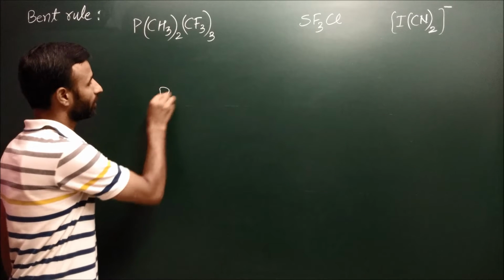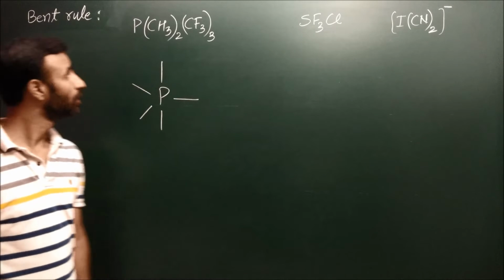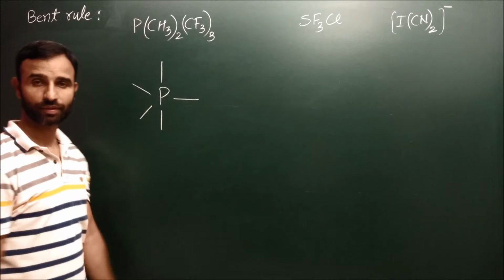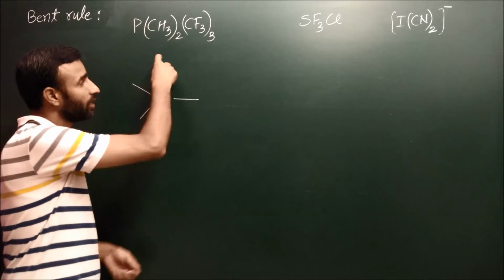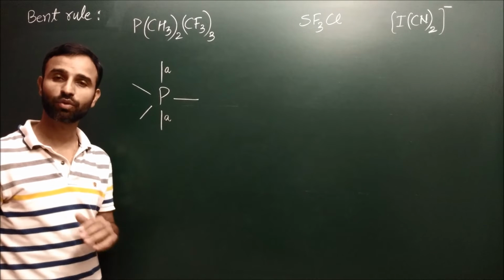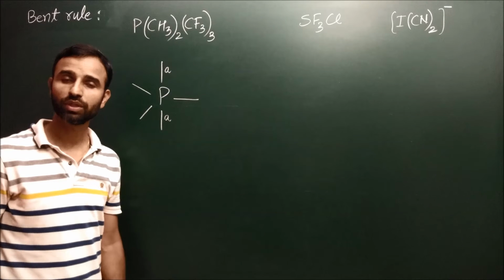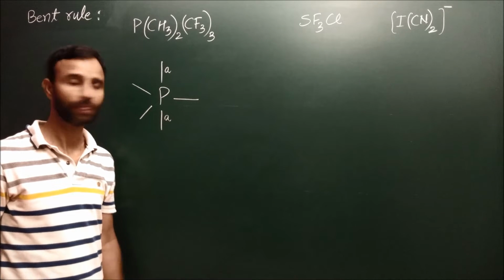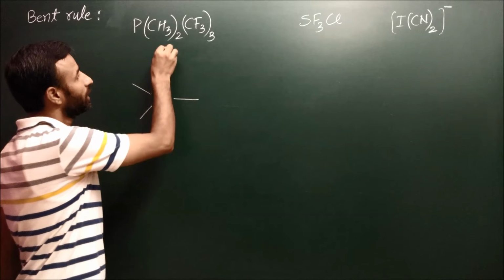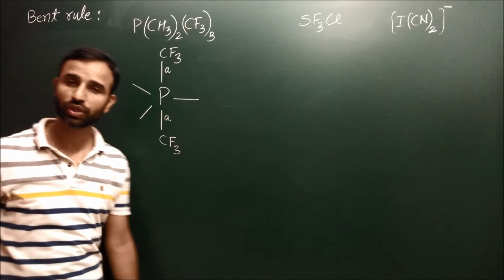So out of these 5, which ones are at axial position first? As we discussed earlier, axial positions are occupied by more electronegative substituents. So out of CH3 and CF3, which one is more electronegative? CF3, because fluorine is more electronegative. That's why CF3 groups occupy axial positions.